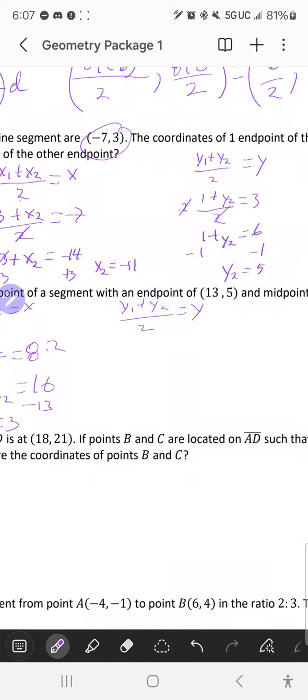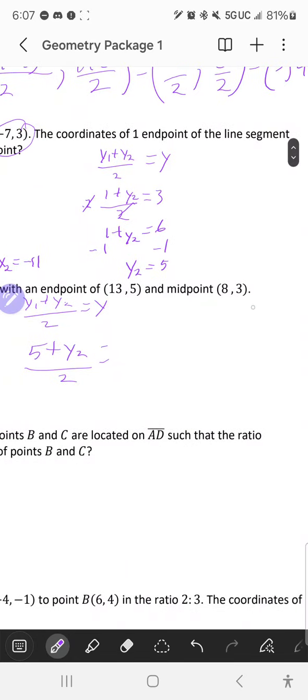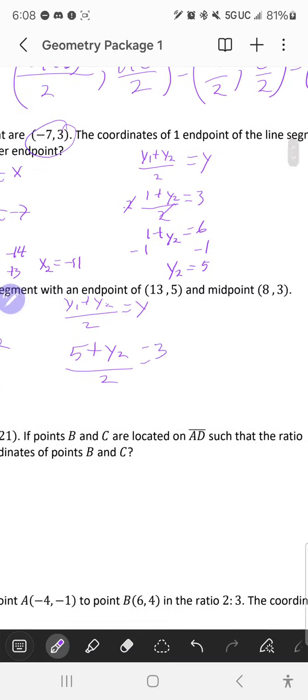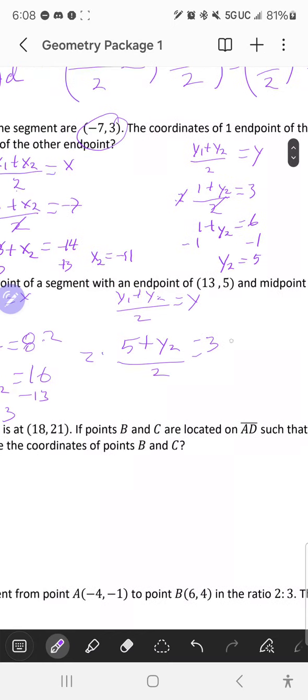And we can just substitute the value y1, the value of the endpoint, which is 5. 5 plus y2 divided by 2 equals the value of the midpoint, which is 3. Now we multiply by 2 on each side and we cancel this and we get 5 plus y2 equals 3 times 2, which is 6, and we subtract 5 from each side.